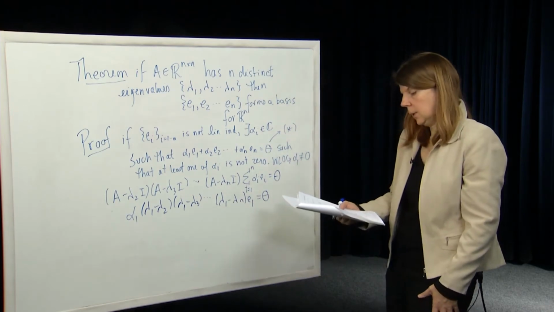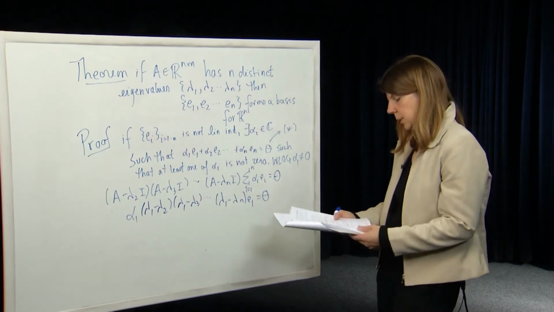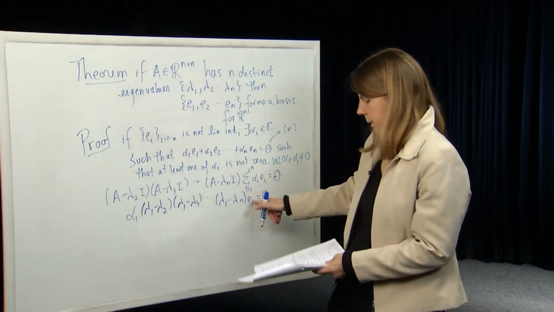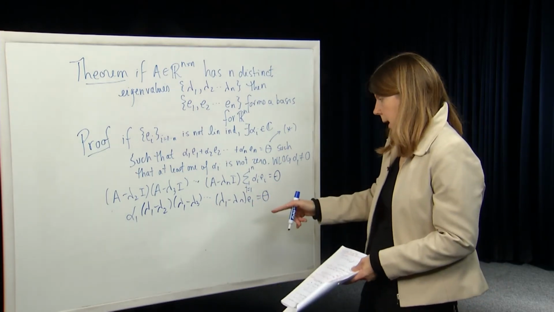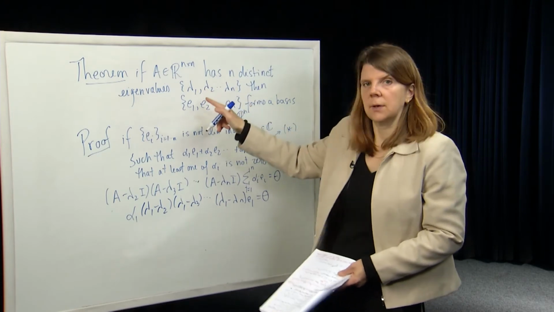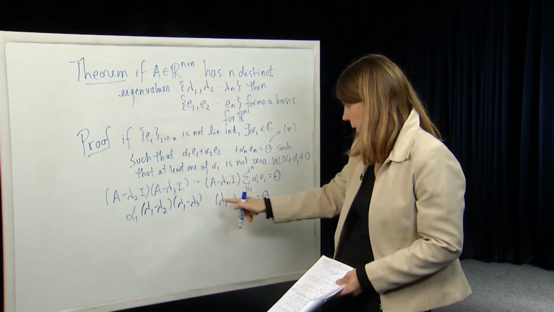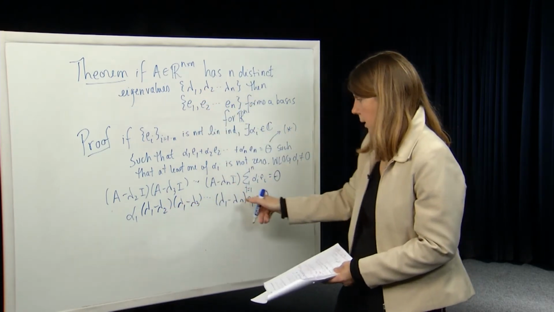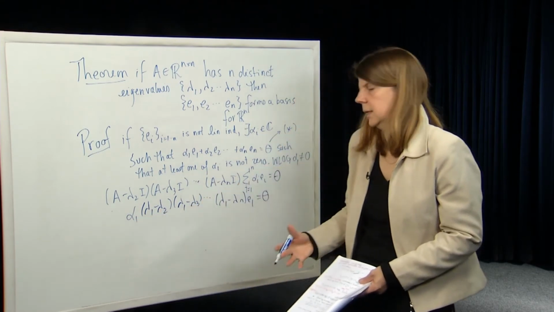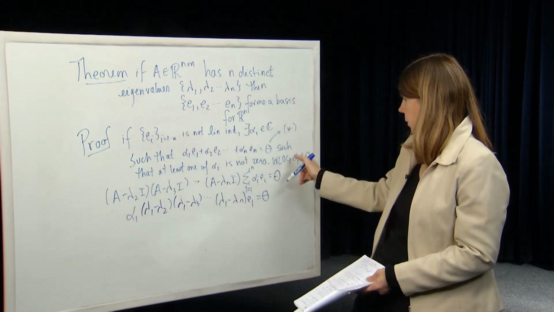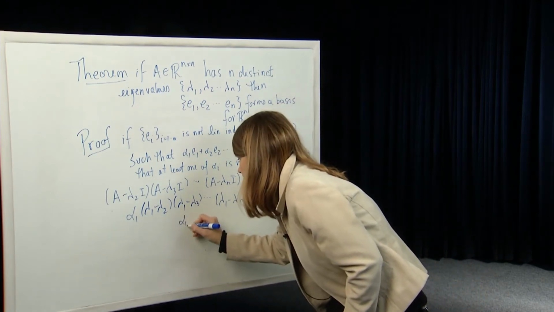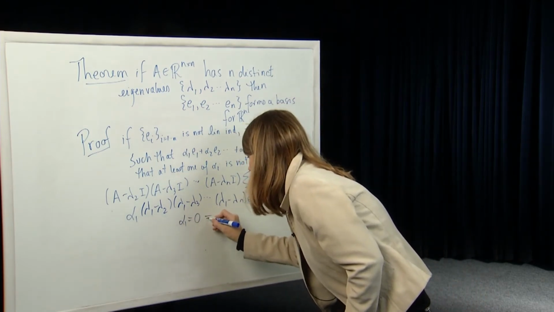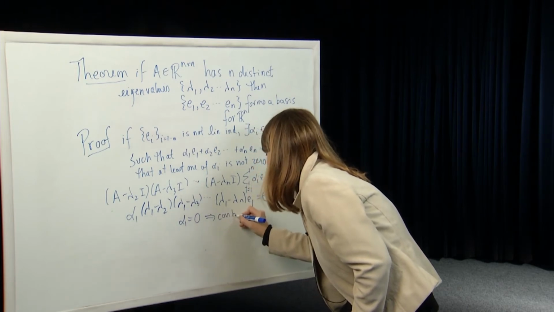Now we can derive the contradiction, because we know that E1 is not equal to 0. It's an eigenvector of the matrix A. And we've assumed that these eigenvalues are all distinct, so each of these terms is non-zero. So we derive that alpha 1 must be equal to 0, but we assumed that it was not 0, which leads to a contradiction.